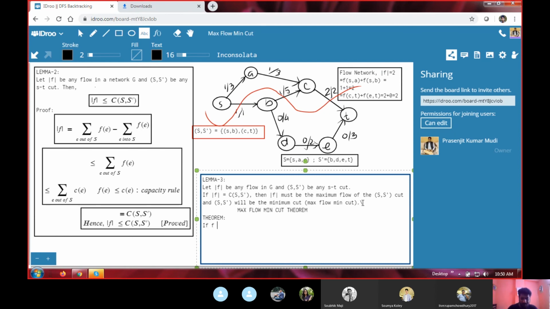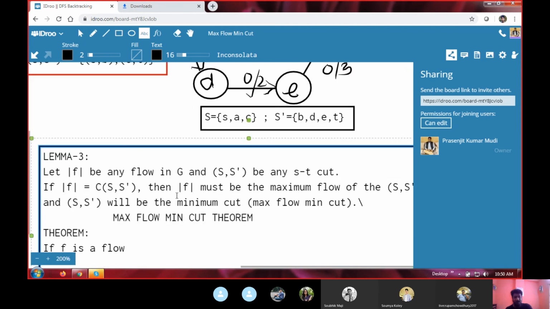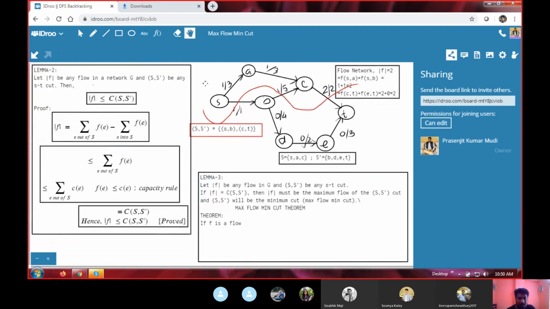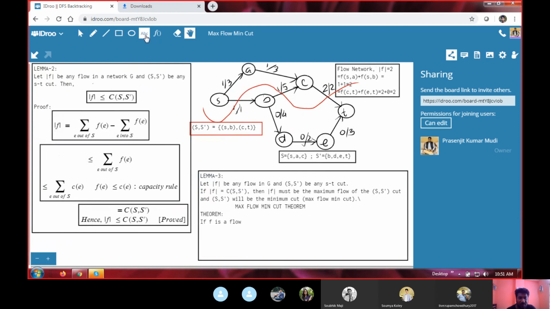If F is a flow in a flow network G with source S and sink T, then the following are equivalent.